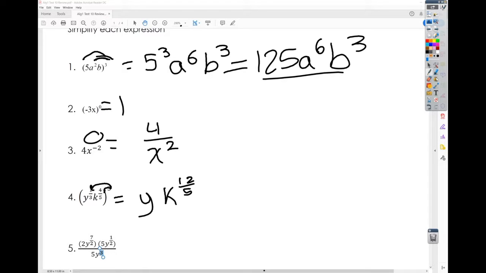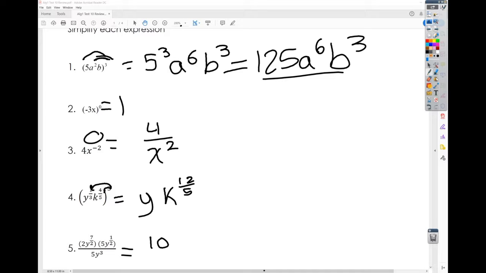All right. And then number 6. Okay, so there we want to multiply. We're going to go ahead and multiply in the numerator, and then we will divide. Okay, so I want to multiply the 2 terms in the numerator and then divide. So that's going to be 2 times 5, which would be 10.